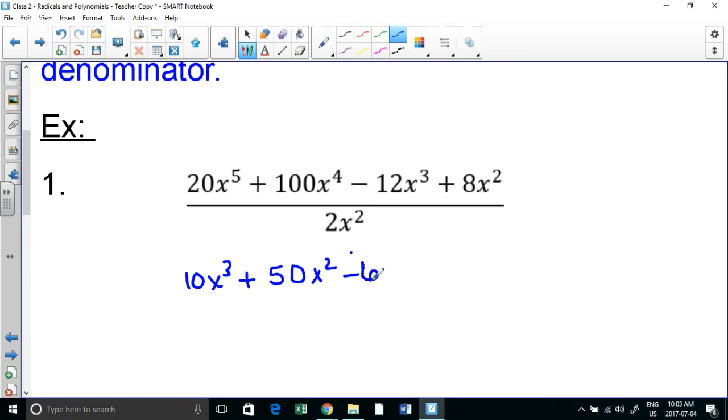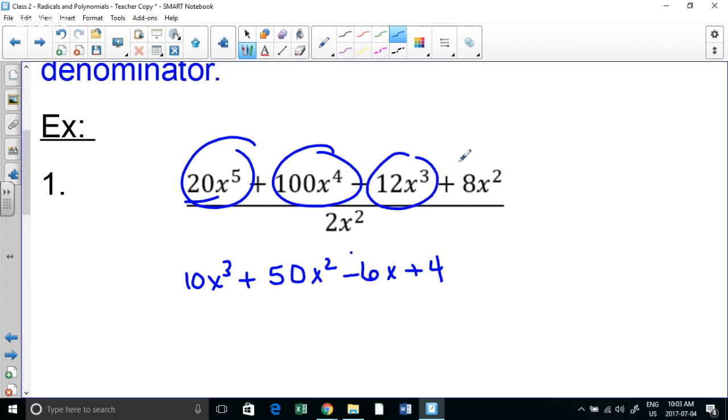Negative 12 divided by 2 is negative 6. x cubed divided by x squared is just x. And finally, here we have 8x squared divided by 2x squared to give me 4. So each of these terms individually divided by this one. All good? Fantastic.